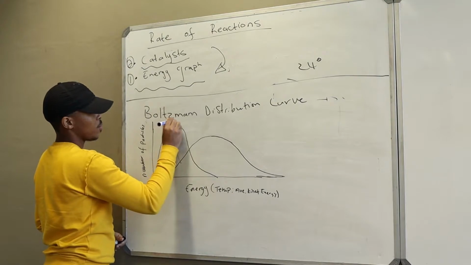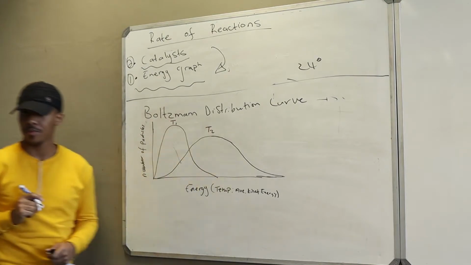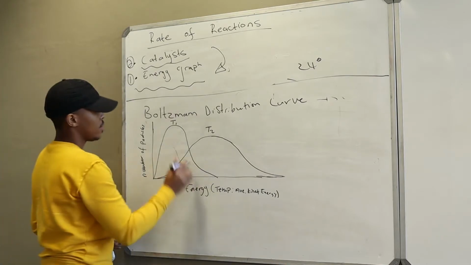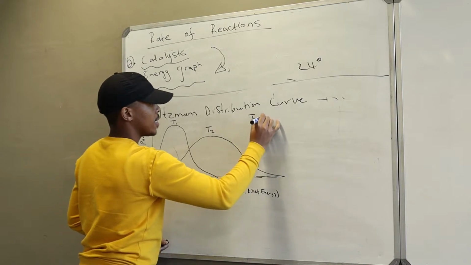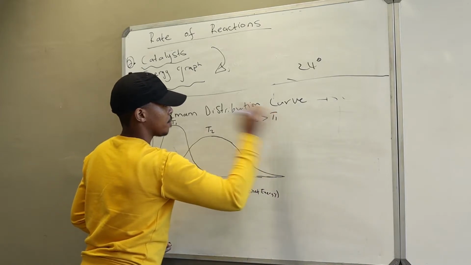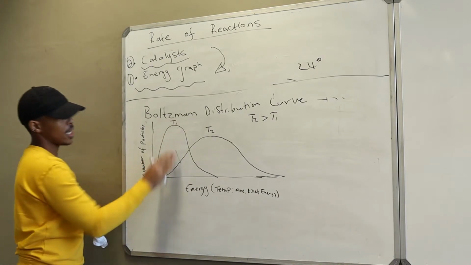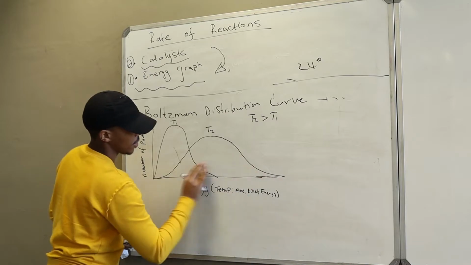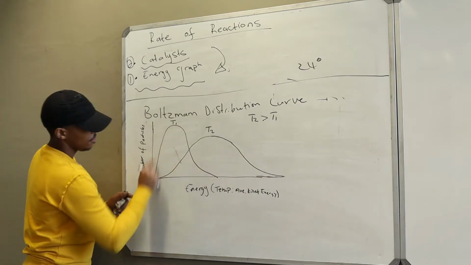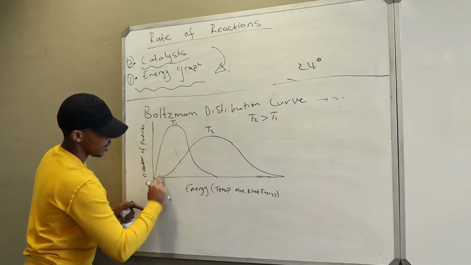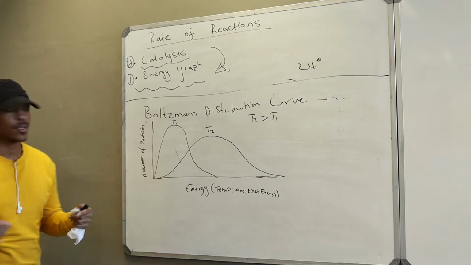This is T1, temperature 1. This is T2, temperature 2. Now T2 is indeed greater than T1, so this part there has higher temperature than that part there. The area under the curve is basically the amount of particles.